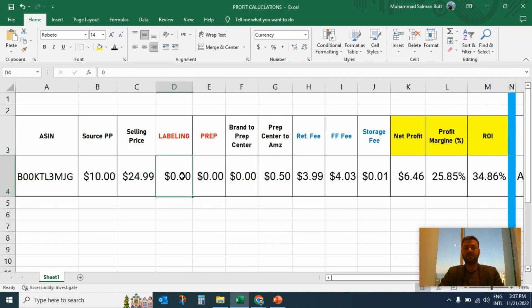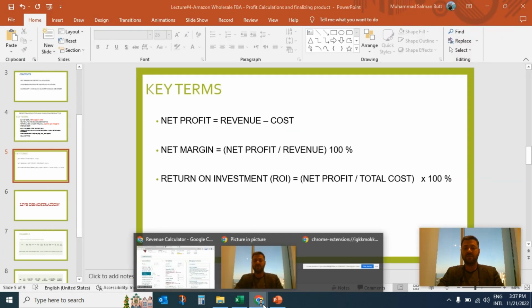How is it coming? I have to subtract all the costs. These are all the costs involved for this product from this selling price. So I will be getting 6.46 net profit. The same net profit you can see in the Amazon revenue calculator as well.